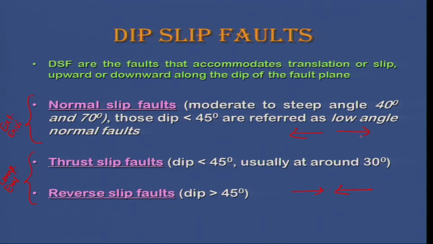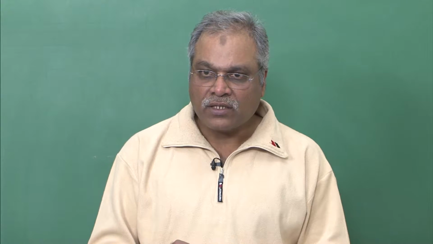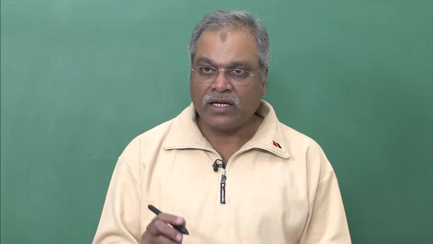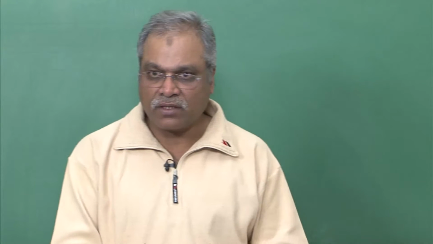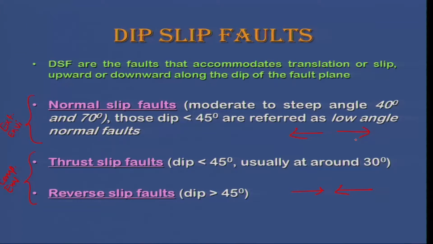If we have an extensional tectonic environment, we will see normal faulting. So, on the basis of the regional understanding of the structural or tectonic framework, one can judge what type of faulting to expect in that particular region. And if you have an oblique setting, then you will have the strike slip one.